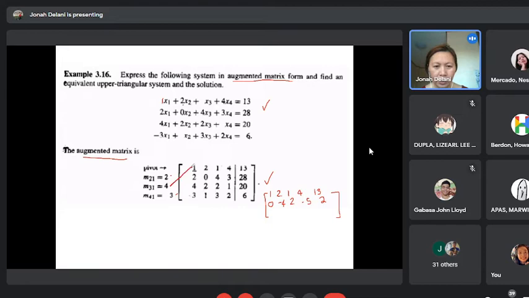So we multiply it, and then we subtract. So 4 minus 4 is 0. And then 2 minus 8 is negative 6. Two minus 8, negative 6, no?